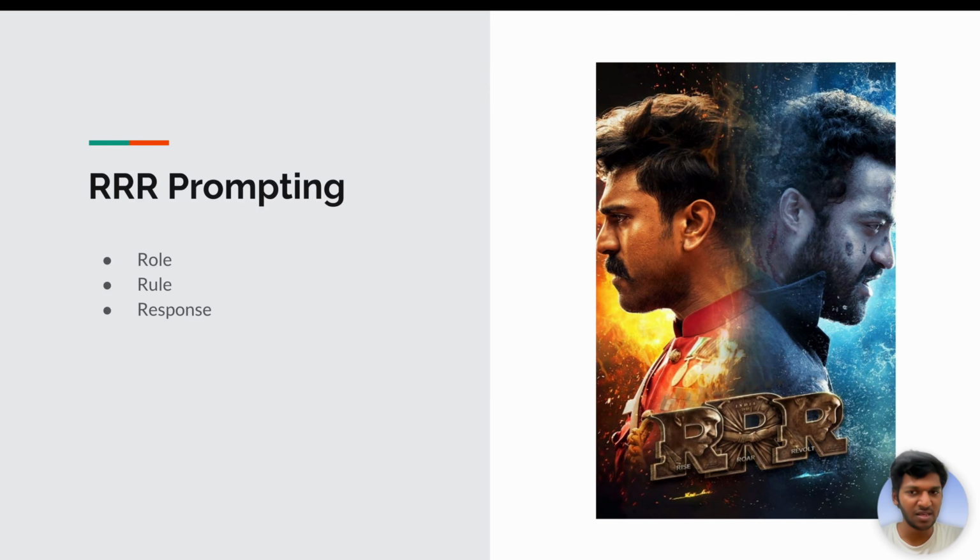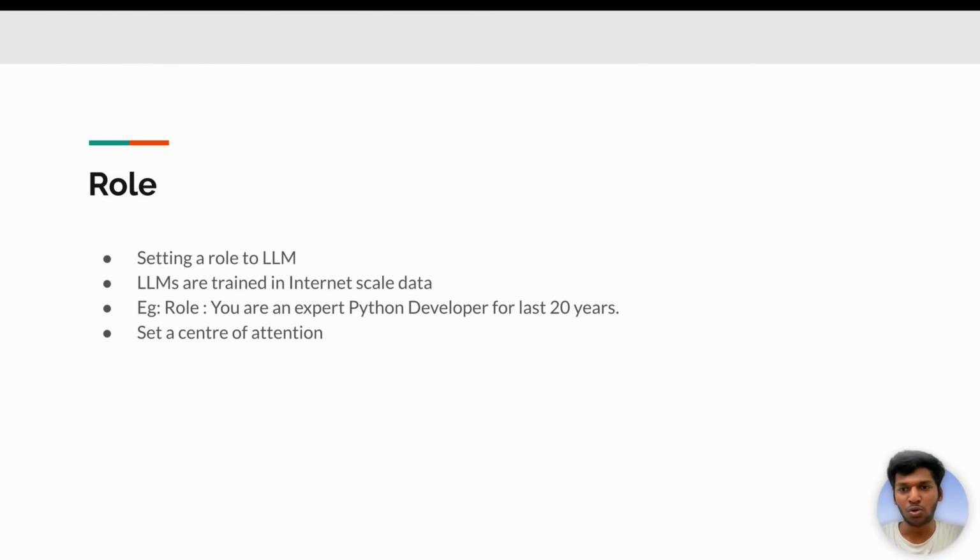Okay, let's start with the role. Role is nothing but setting a role for an LLM. Basically, LLMs are trained with internet-scale data, right? So it is an expert in anything: Java, Python, AI, machine learning, or a React developer, Node.js developer, anything it can do.